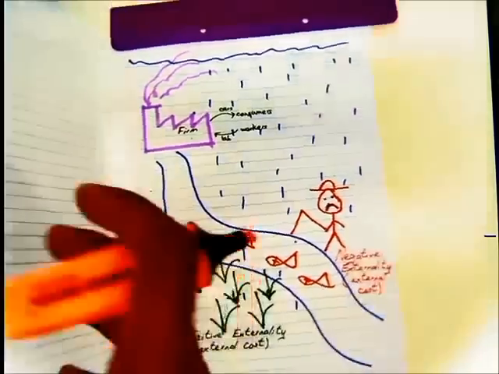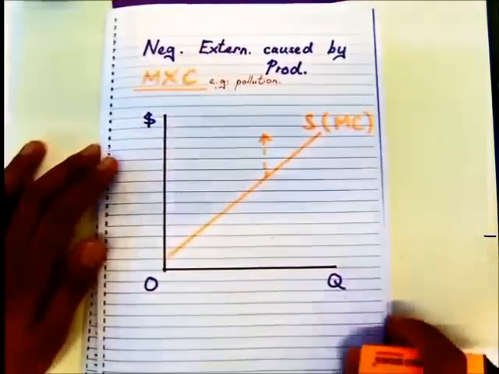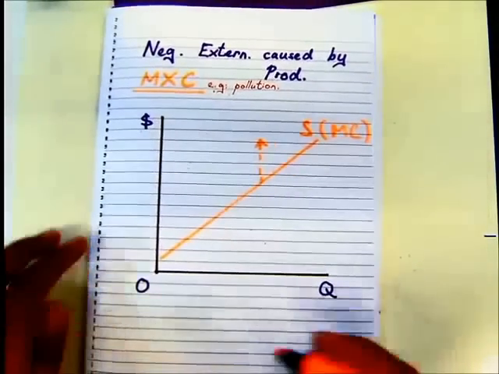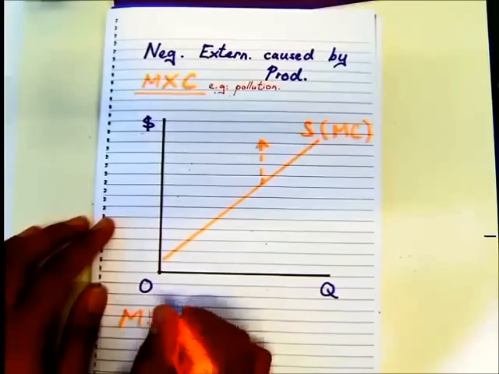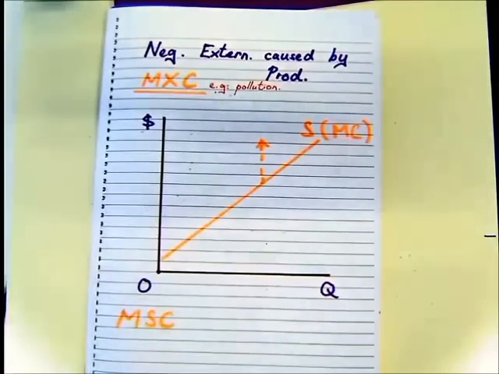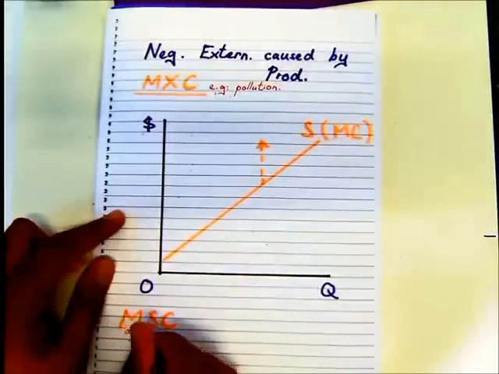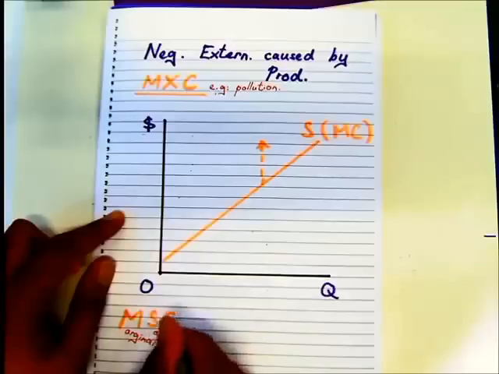When we include the marginal external cost on top of the marginal cost, we call this marginal social cost. MSC stands for marginal social cost.